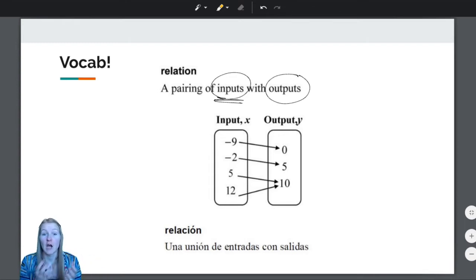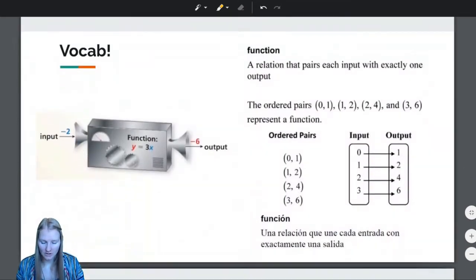Maybe there's a relation between how tall you are and how much you weigh. Or maybe there's a relation between how many books you have and the grades that you get. We can look at relations between many things, but the most interesting relations are functions.